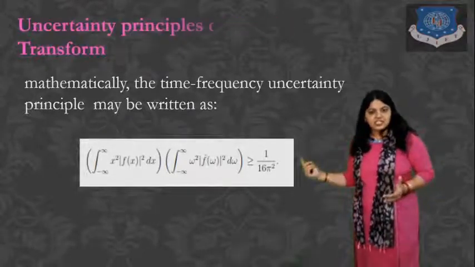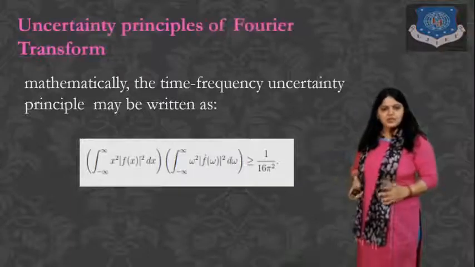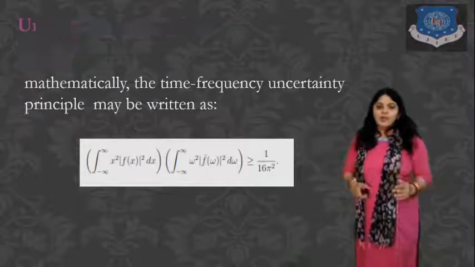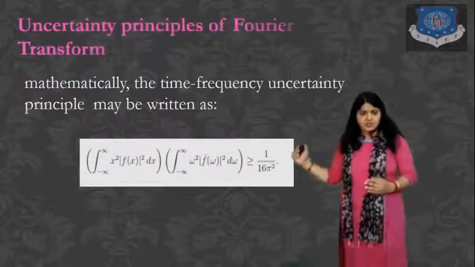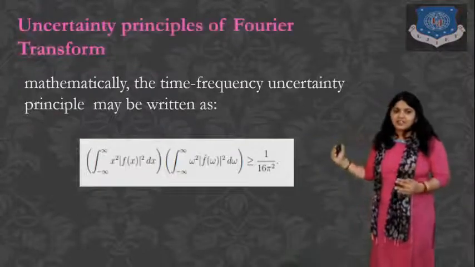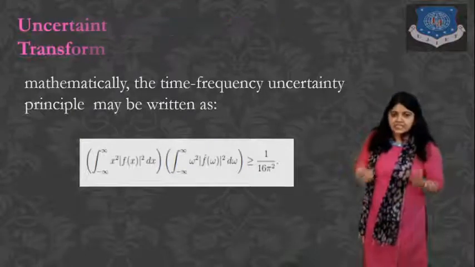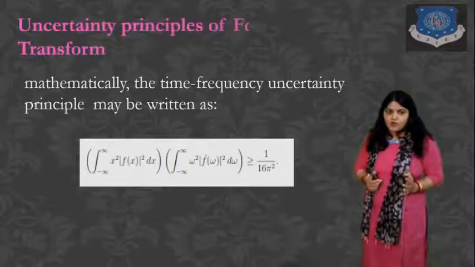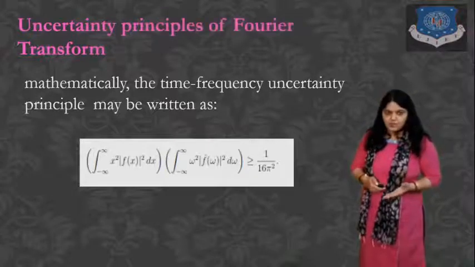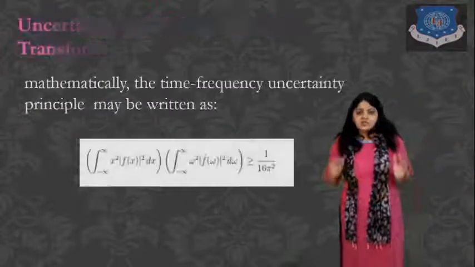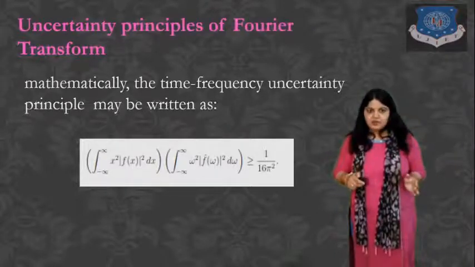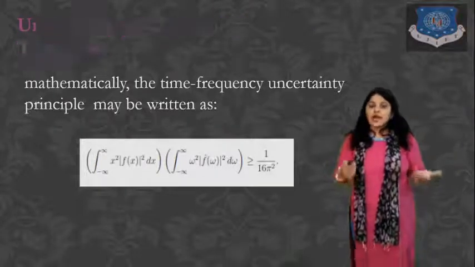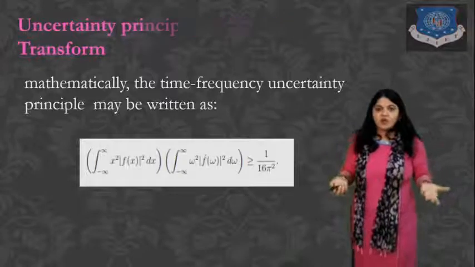So the multiplication of these two should be greater than or equal to 1 upon 16 pi square. This is the equation we have to keep in mind while the uncertainty arises in the case of the Fourier transform. So this is regarding the uncertainty principle of a Fourier transform, which can be helpful to understand why we need to go for the study of the wavelet transform.